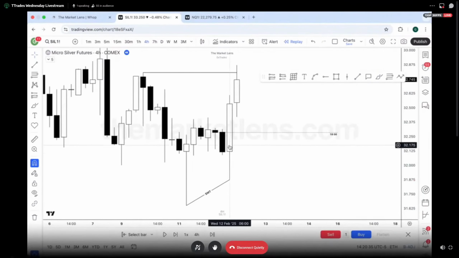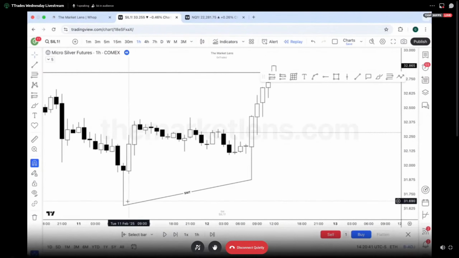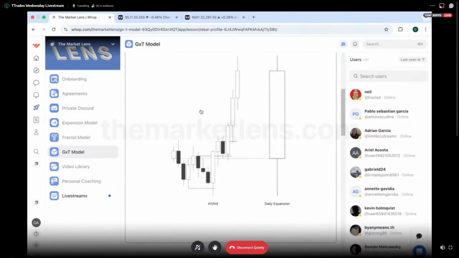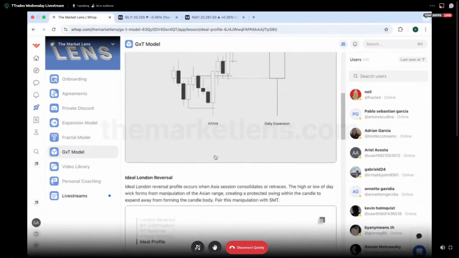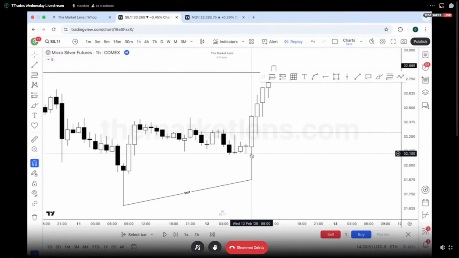All right, so now we can expect the wick to form, and expect distribution. And we're always going to pair this manipulation, if I show you here, this is New York reversal with a driver. So here's 830. That's what we're doing here, 830 manipulation. How to confirm this 6 a.m. candle low with the fractal model? We have a candle 2 closure here.